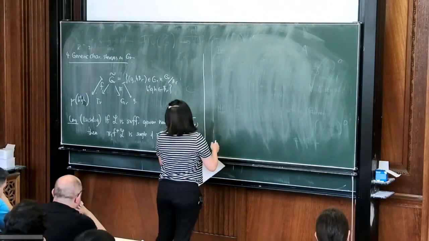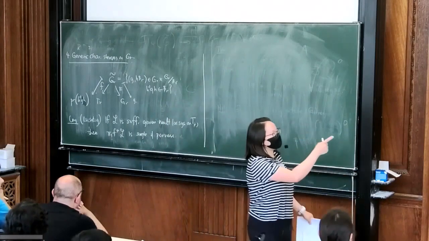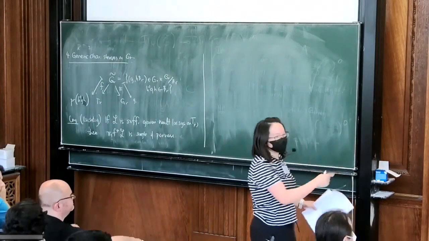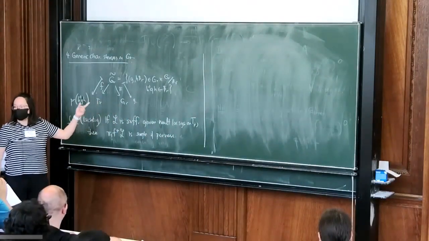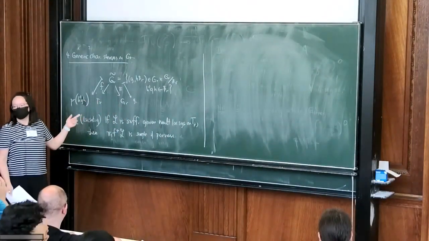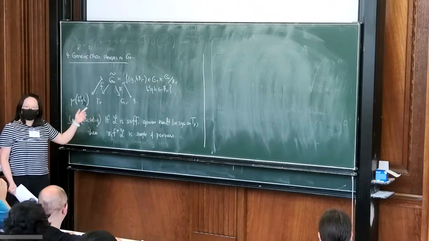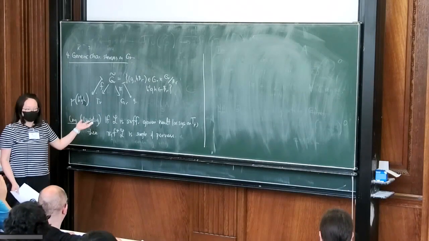Okay, so over there, everything that was true is because pi is proper and small. And the essential difficulty here is that pi is neither proper nor small.